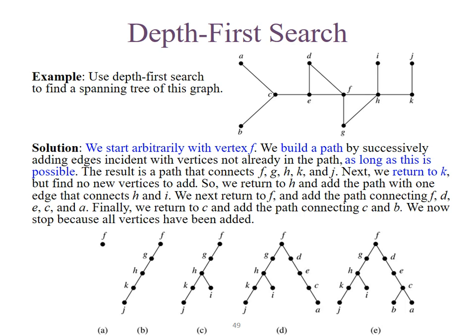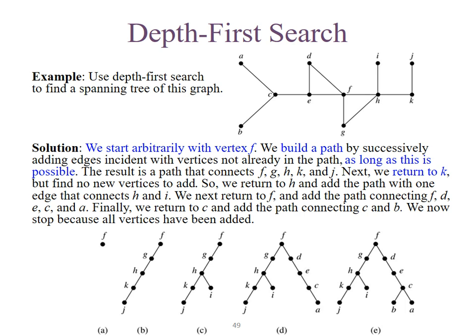And then we go back to H and create another node I. And then we go back to F, create another path D, E, C, A. Okay, once we go to A, then we go back to C and visit the last vertex. So in the end, this figure is just a simple tree we visit by depth first search.